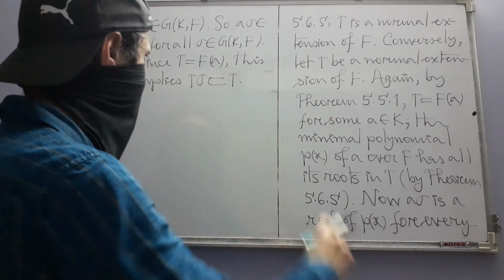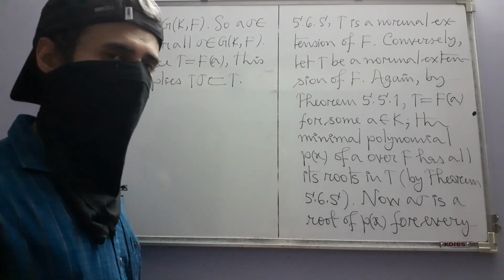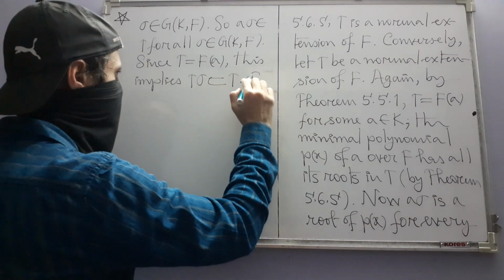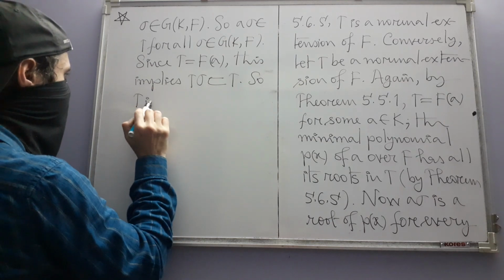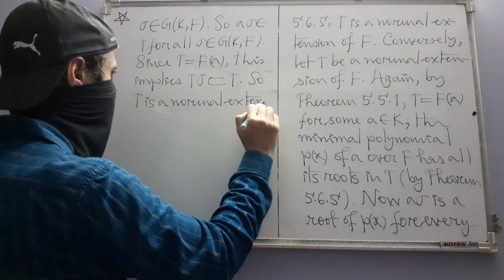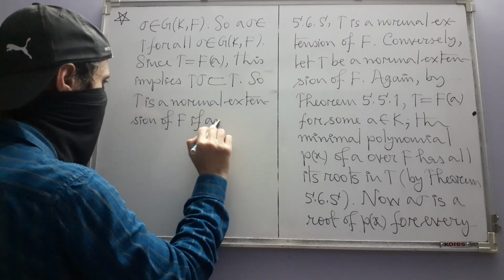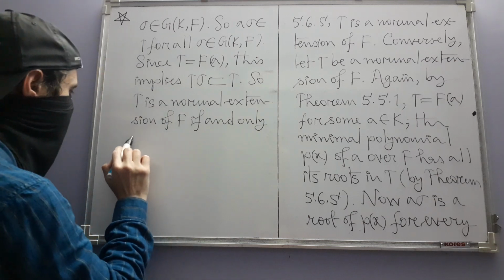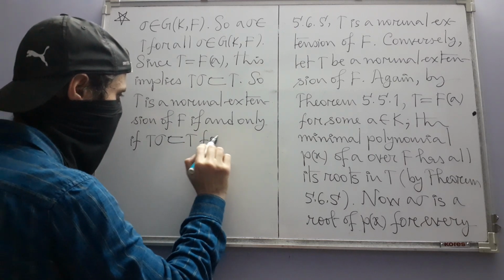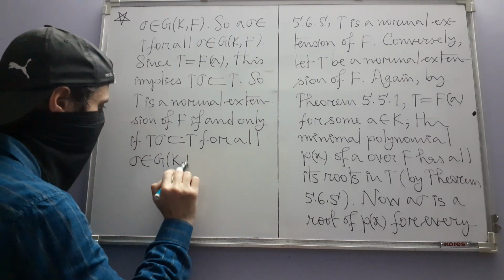That is why not only is this condition giving us that T is a normal extension of F, but the converse is also true. So, we can write T is a normal extension of F if and only if Tσ is a subset of T for all σ belonging to the Galois group.